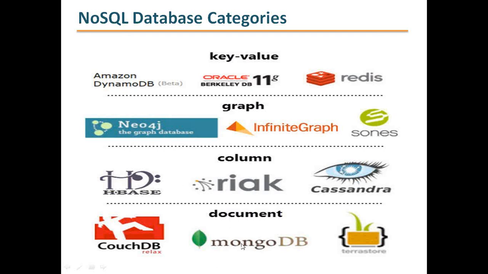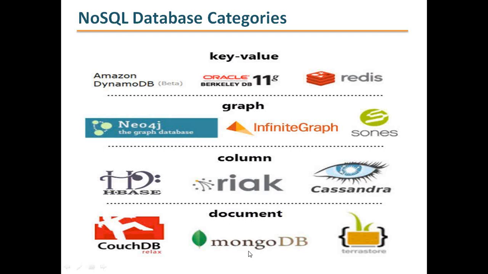Coming to document-oriented databases, MongoDB is one of the popular databases, and most companies have started working on MongoDB. Java developers, instead of MySQL and Oracle, are trying to connect to MongoDB and store their data in MongoDB.